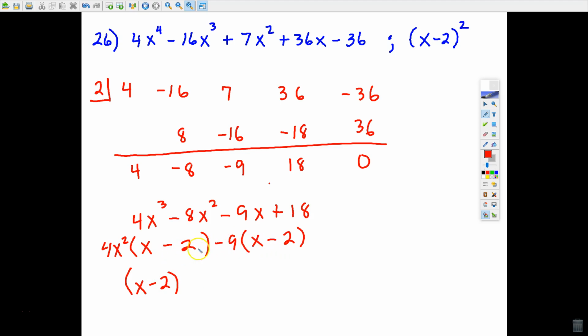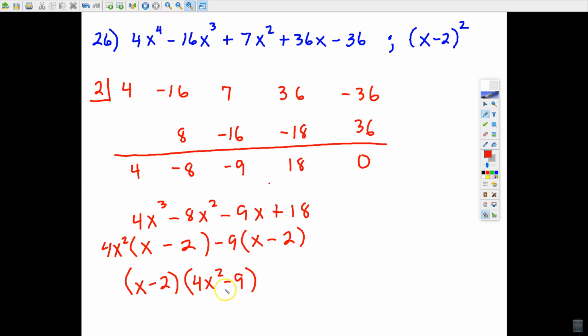X minus 2 is like a GCF, and then the other part, the terms that are not in the parentheses, we will write as another factor. Okay, so up to this point, we've shown that x minus 2 is used twice as a factor.